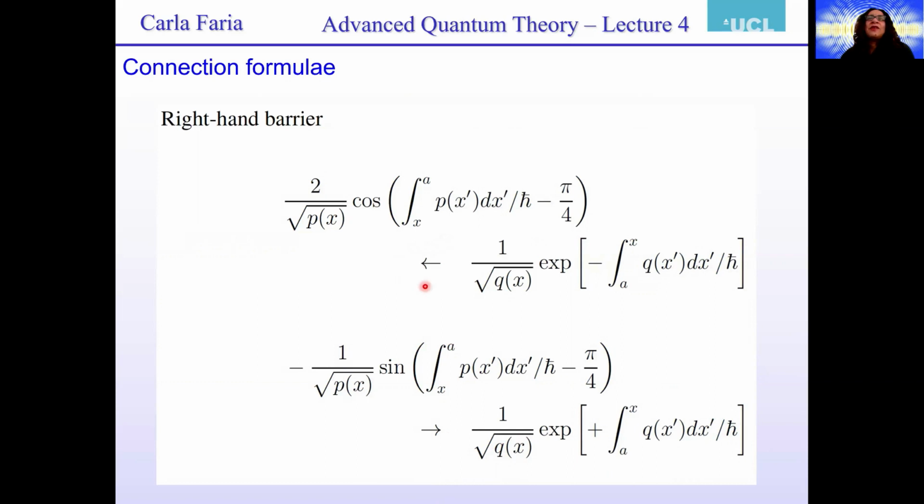Notice these arrows. These arrows indicate the direction in which it is safe to apply this solution. Obviously, this is going to depend on the boundary conditions that you have for your problem. But usually, if you have this exponentially decaying wave function, it's safe to say that the corresponding wave function in the classically allowed region is going to give you this.